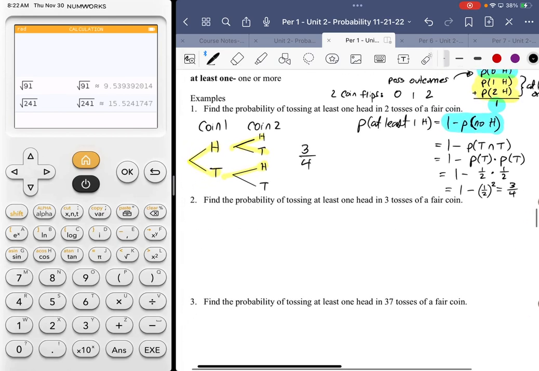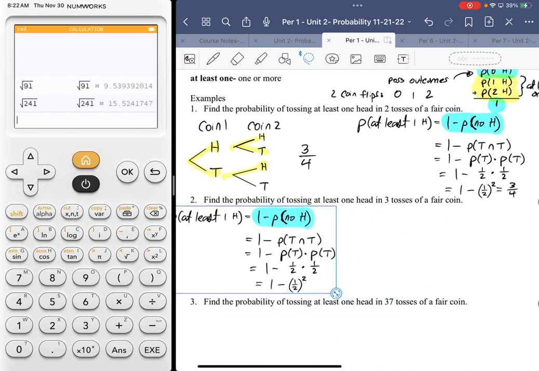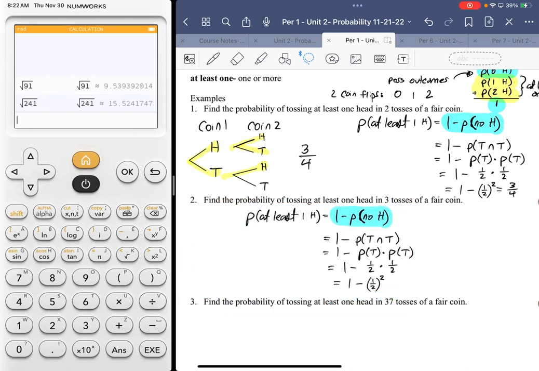For the next example, I'm really going to write a lot of the same stuff. I'm not going to do the tree diagram though, but this relationship is still going to be true. Actually, let me just steal all of this stuff and edit it. So no heads, depending on how many times the coin's been flipped, could mean tails and tails, or tails and tails and tails and tails and tails, it can keep going on and on.